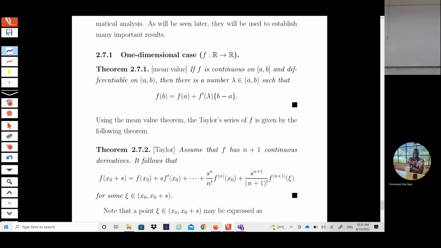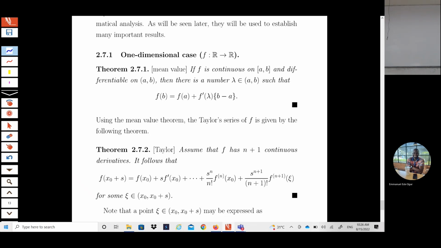The mean value theorem states that if f is continuous on the closed interval from a to b and differentiable on the open interval from a to b, then there exists a number lambda in the open interval between a and b, such that f(b) is equal to f(a) plus f prime(lambda) multiplied by (b minus a).